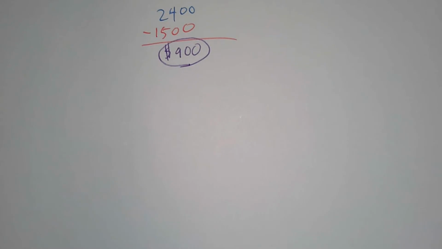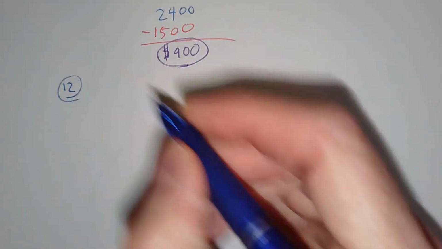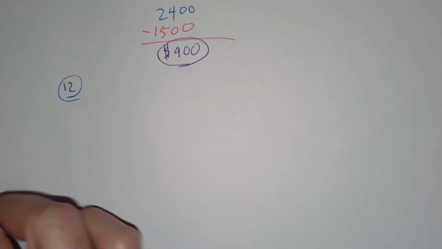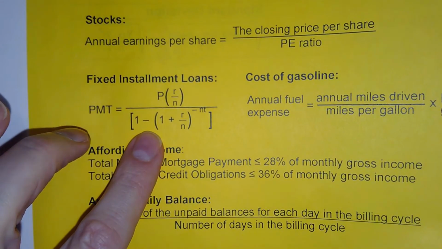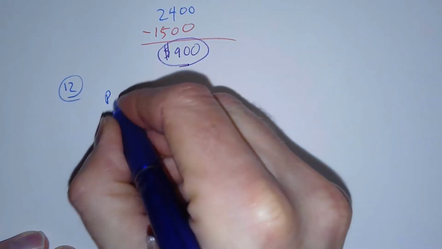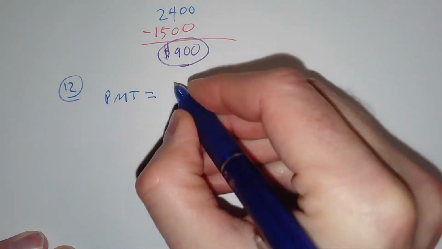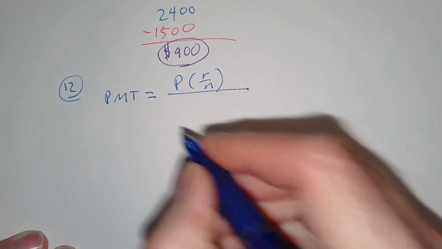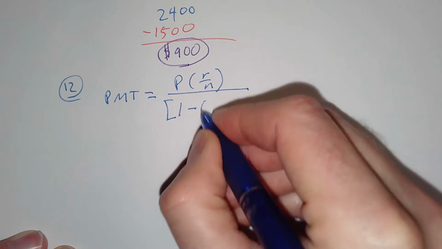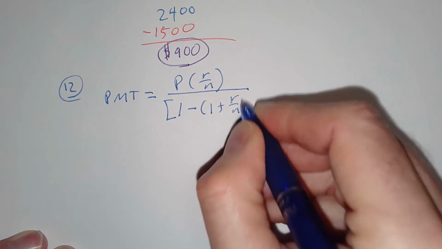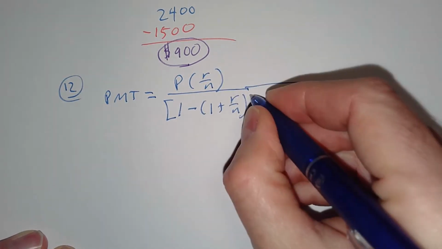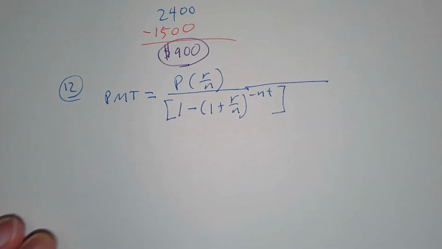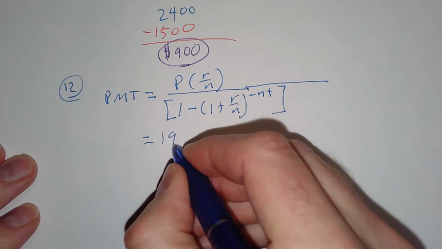Well, just like a car, a mortgage is a fixed installment loan. So we're picking out this formula from our formula sheet. Then we're going to plug the numbers in. So we know P here is 196,000.